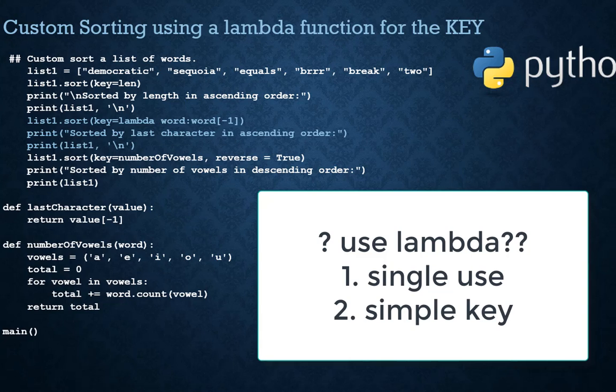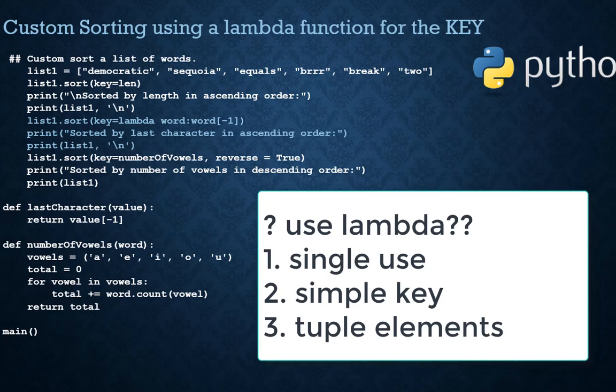It will only work with something very simple. We could not replace the number of vowels function with a lambda. But if it's a simple expression, for instance, the last letter of the word, as we see here, then the lambda works just fine.